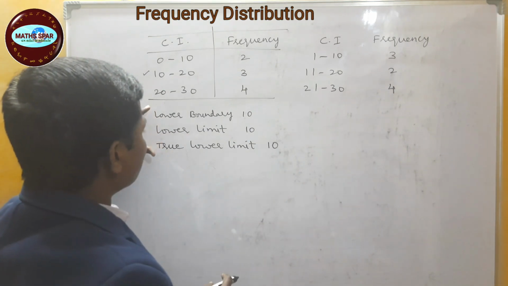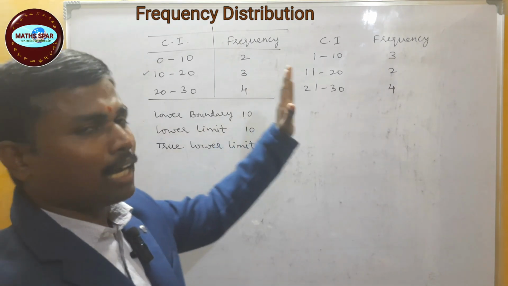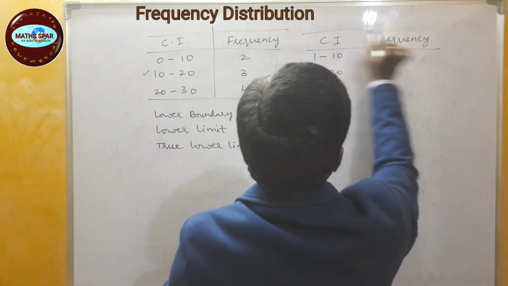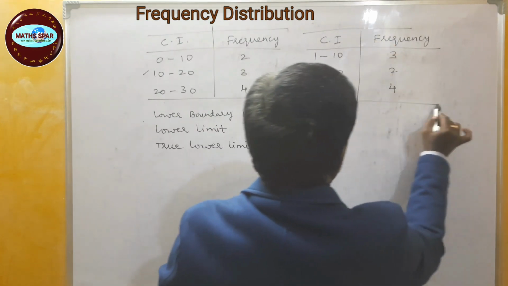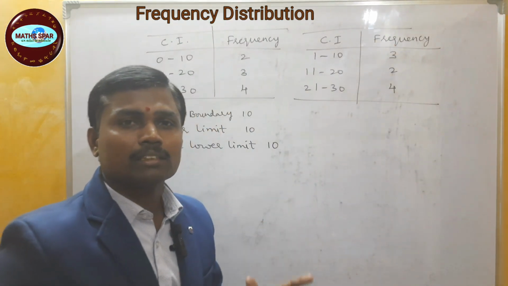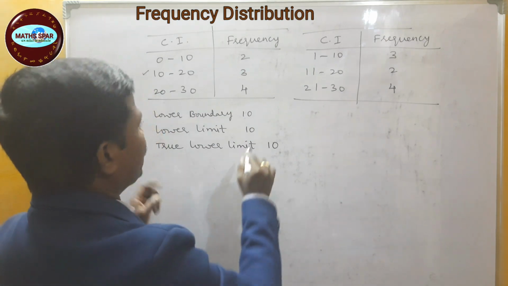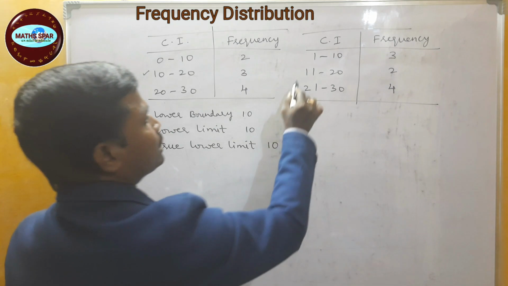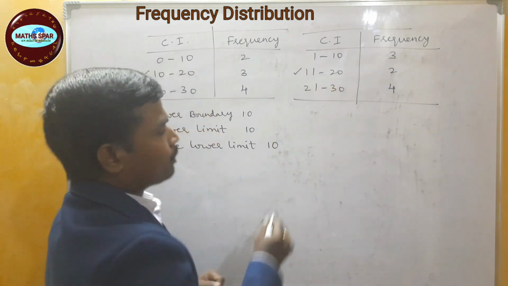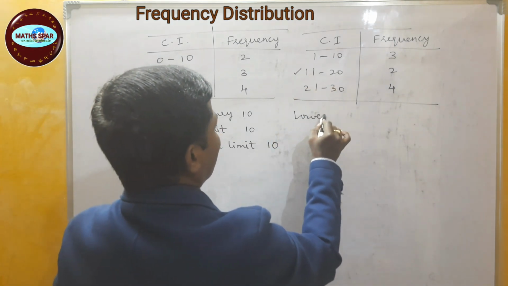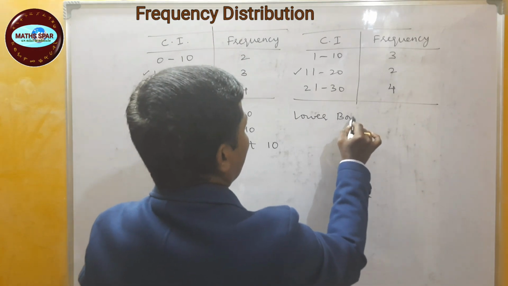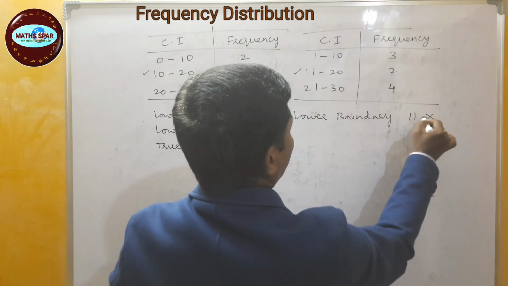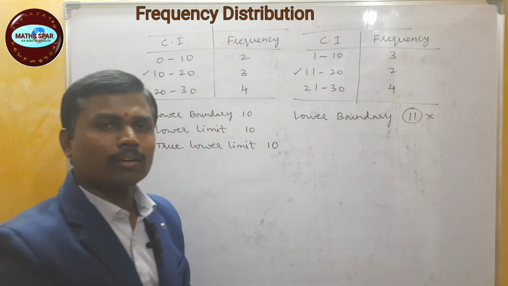Then if the same three questions are asked for the inclusive form, the result is going to change in some cases. What is the lower boundary of the second class interval? We cannot write the lower boundary here as 11, which is absolutely wrong.